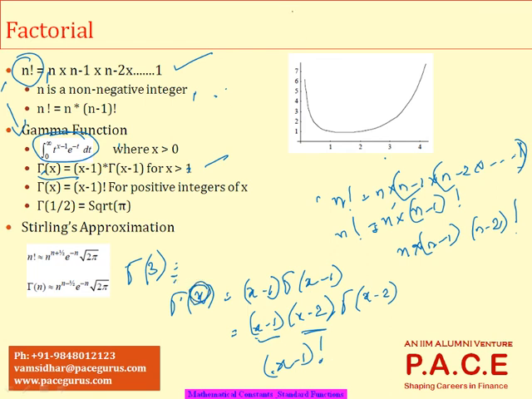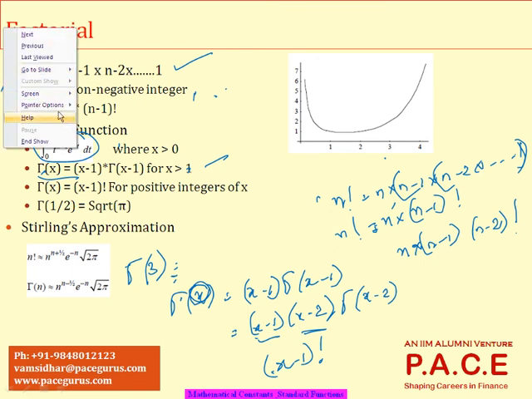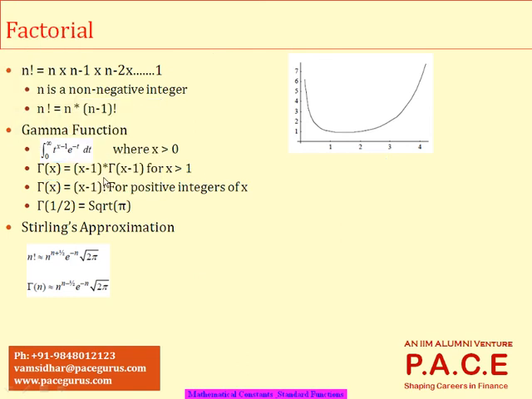Some of the questions that can generally come for you with respect to gamma: gamma of x is equal to x minus 1 factorial if x is a natural number. But if x is not a natural number, the only case we have in our scenarios is the 0.5 related ones. Let's say gamma of 3.5.